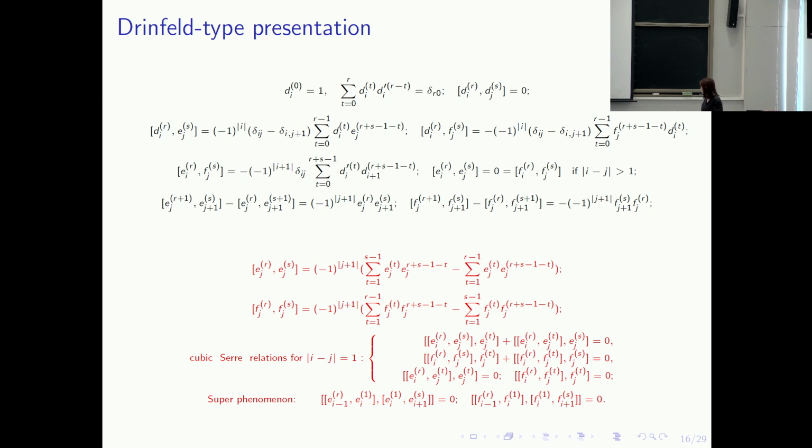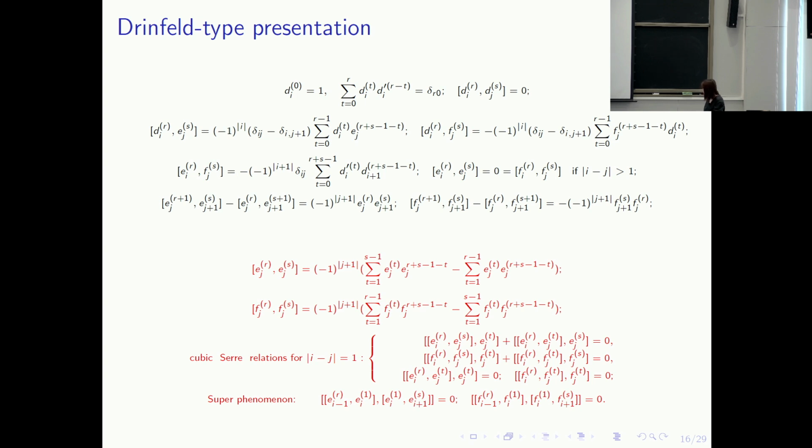For example, if we set s equals t, then the first cubic series relations can produce the third cubic series relations in characteristic 0. But we cannot do it in characteristic p.